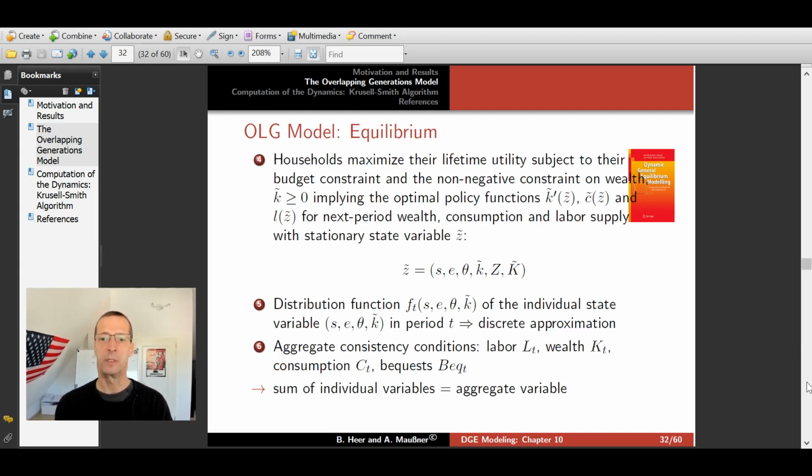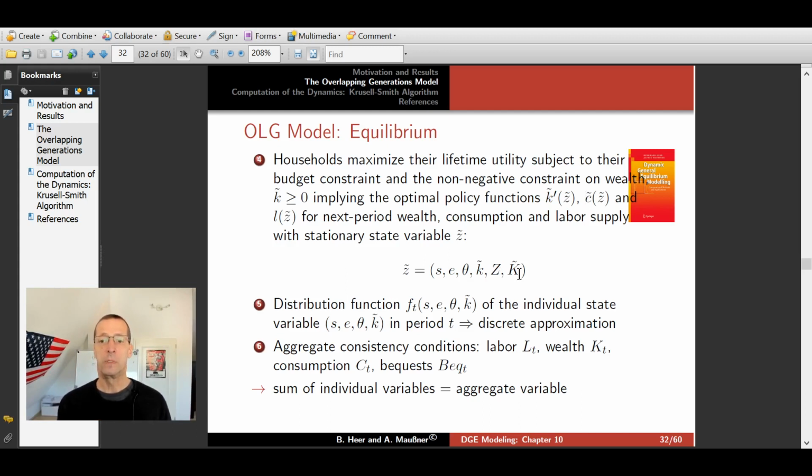Households maximize their lifetime utility, and the policy functions that result from this utility maximization are next period wealth k prime, consumption c, and labor l. And they depend on the state variable Z, and Z is composed of 6 variables: age s, permanent productivity e, idiosyncratic component theta, individual wealth k, aggregate technology z, and aggregate capital stock K.